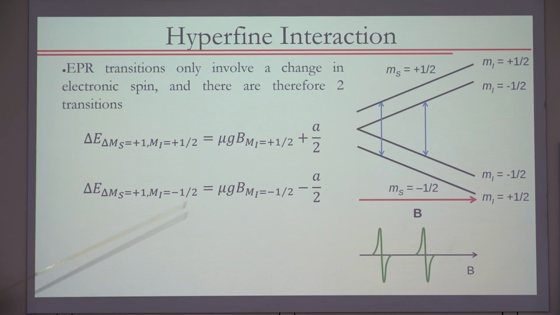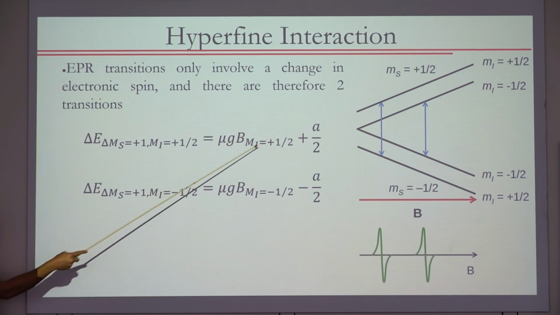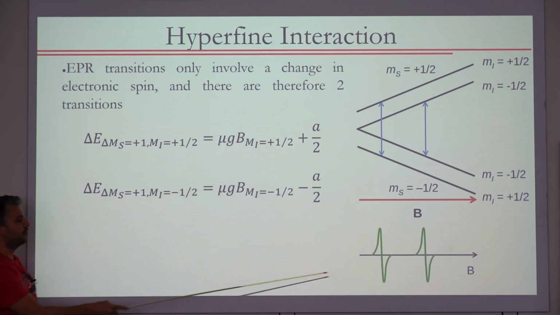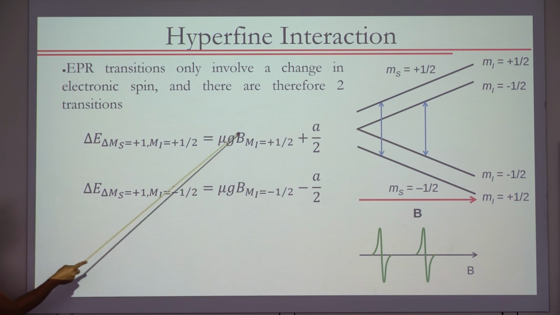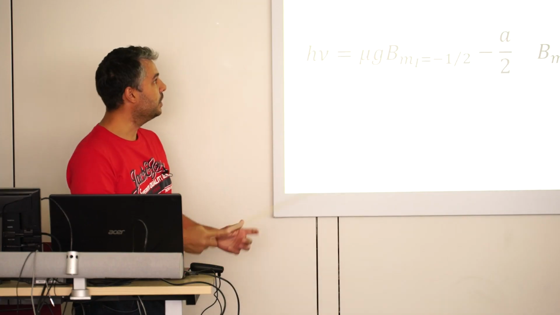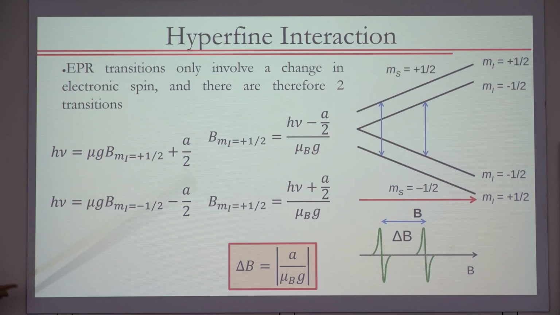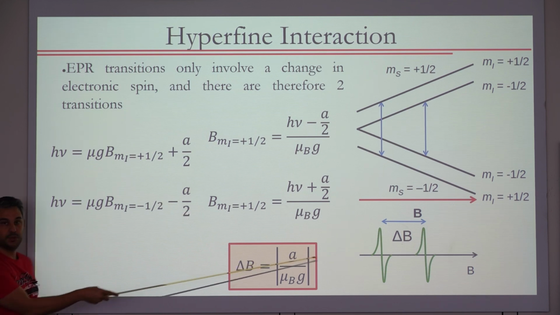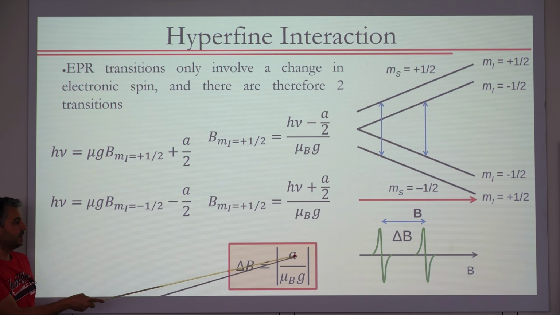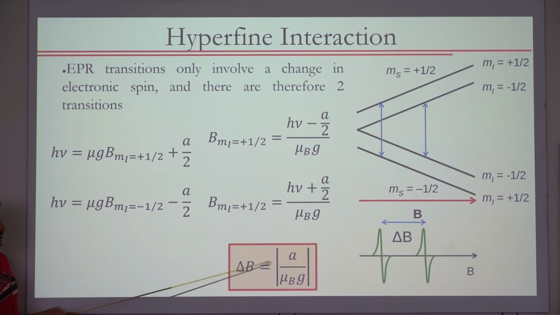So this gives you these expressions for the energies for each transition, and you can find the magnetic field for each of them. With some more manipulation, you find that the magnetic field splitting between the two lines depends on the A value, which is the hyperfine splitting, divided by the Bohr magneton times G. So this will change.